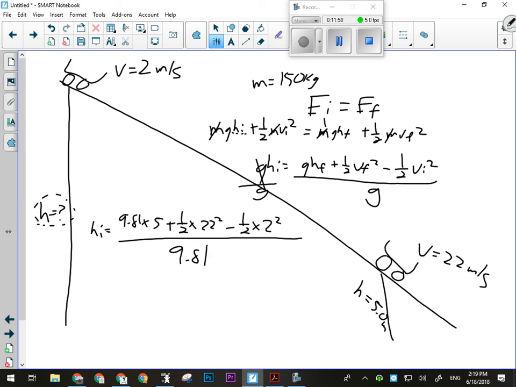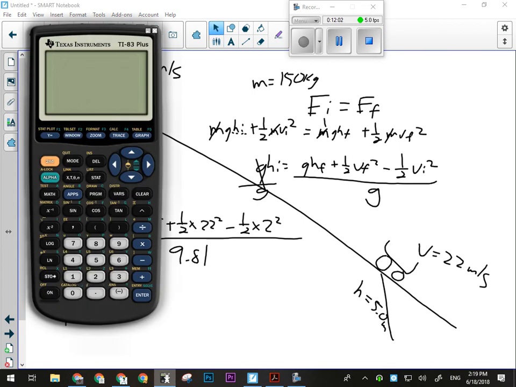All right, so it's just a matter of getting the manipulation right on this one. So 9.81 times 5 plus 0.5 times 22 squared minus 0.5 times 2 squared, divided by 9.81.